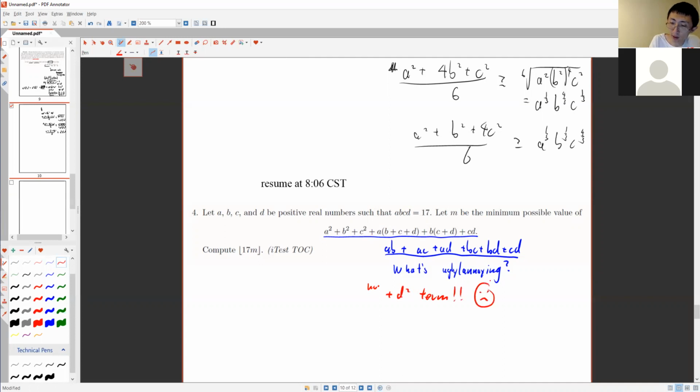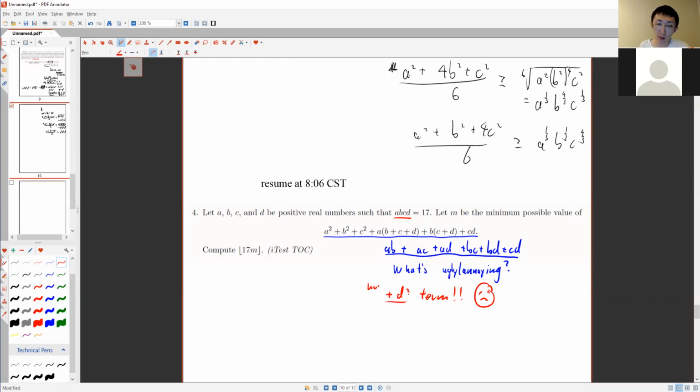Frowny face, sad face. So, if there was a d squared term, we could just apply AM-GM directly on 10 variables. And the result on the right would just have A, B, C, D all to the same power, right? So, okay, it doesn't work to just apply 10 variable AM-GM because there's no D squared term.